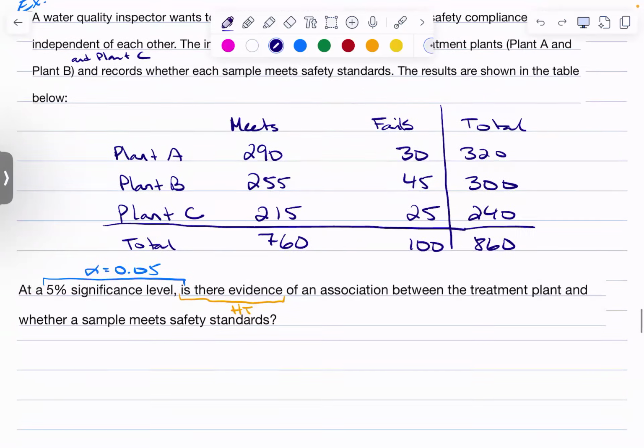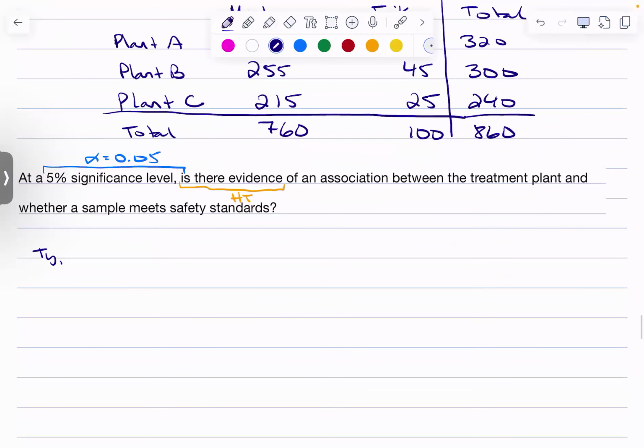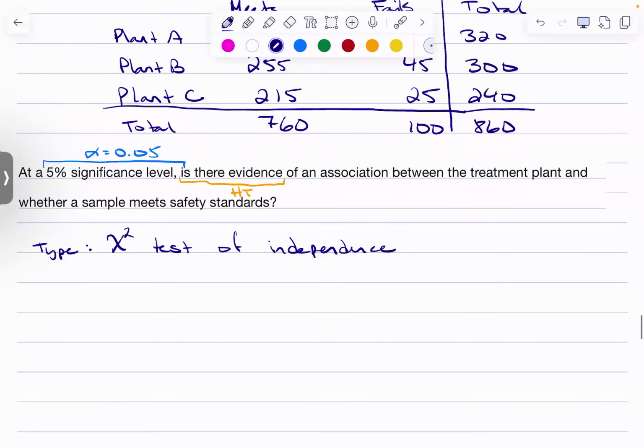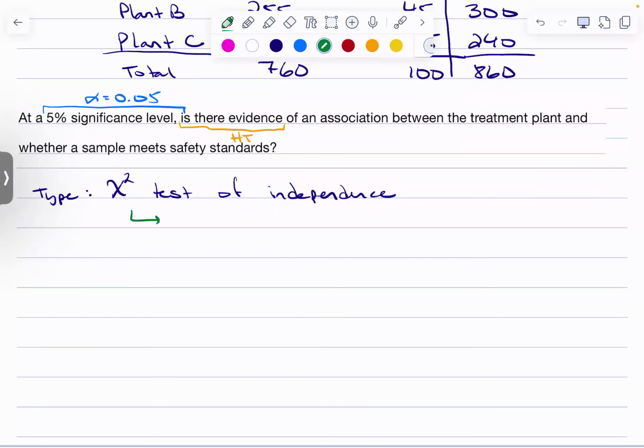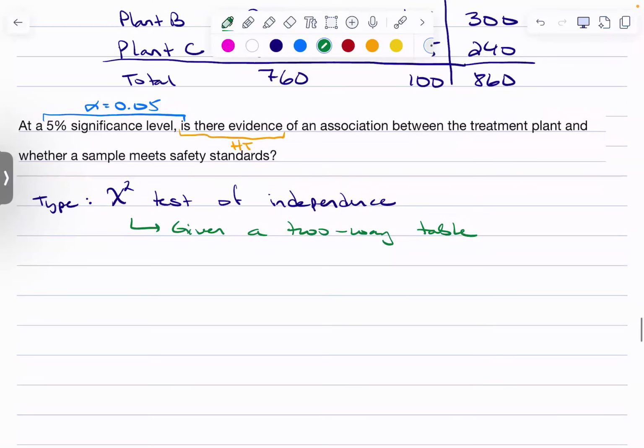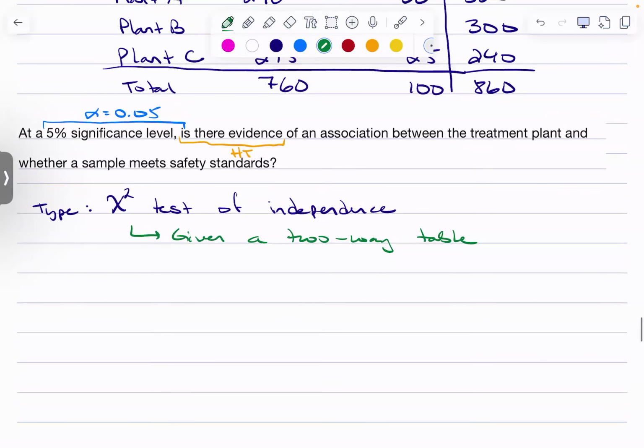So let's write: the type of question is a chi-squared test of independence. And that's because we were given a two-way table. Not because of that in general, but on this quiz, it'll be the dead giveaway.